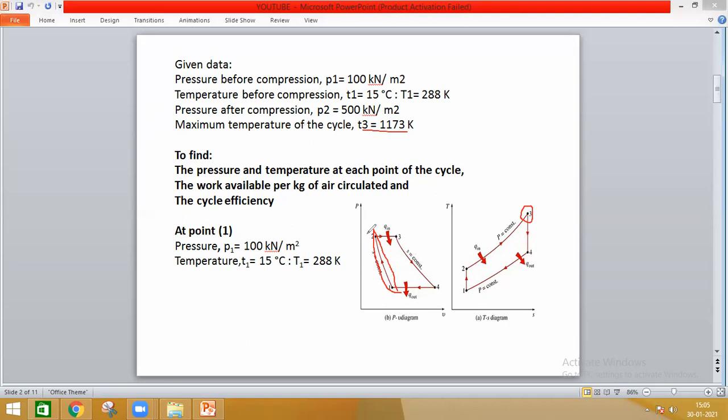After compression, that is P2, clear? P2 is 500 kilonewton per meter square. Am I clear? So the maximum temperature of the cycle is 1173 Kelvin, right? Okay. So now we will go to the second point.